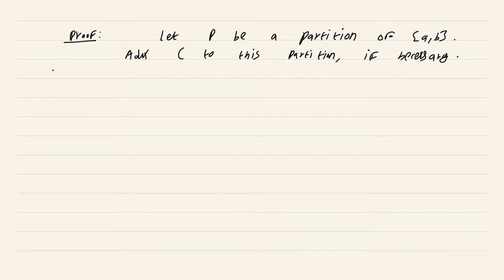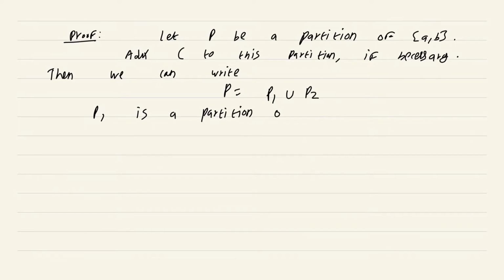Then we can write P as P1 union P2, where P1 is a partition of [A, C] and P2 is a partition of [C, B].